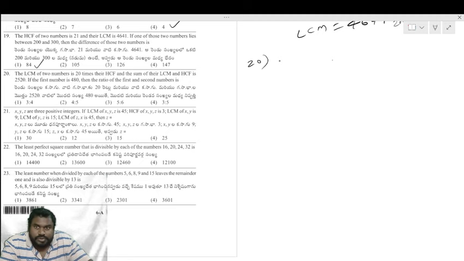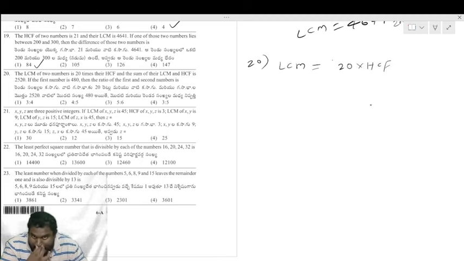The LCM of two numbers is equal to 20 times HCF, and the sum of their LCM and HCF is 2520. So I'll take HCF as H, and LCM as L equal to 20H.